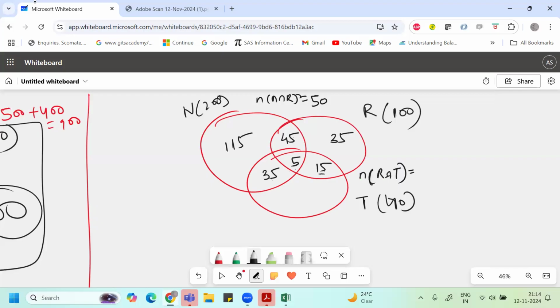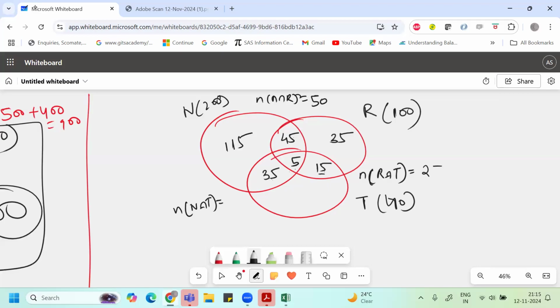R intersection T, take 40. Then take N of N intersection T as 25, that is what is given. Sorry. So take N intersection R as 50 and R intersection T as 25.